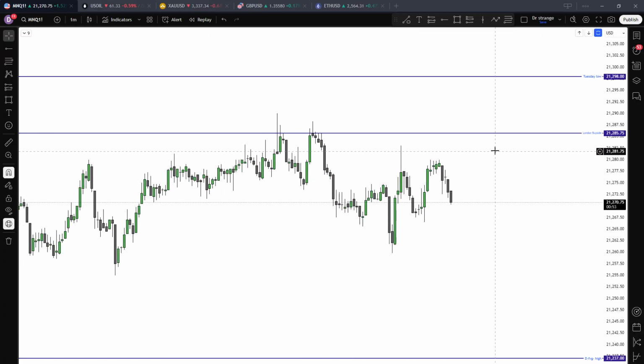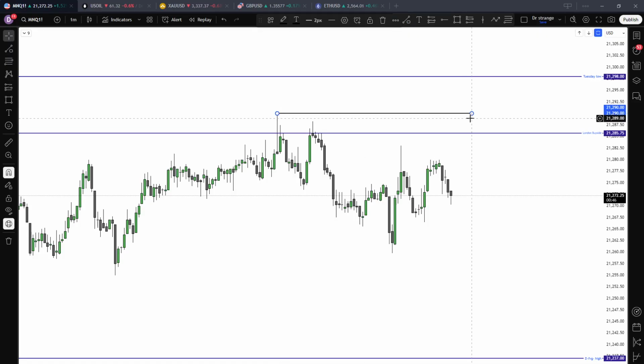Just in case we want to take it, we want to take this. Okay, I'm going to label this minor sell side, minor buy side, with a body candle closure, not this rejection.